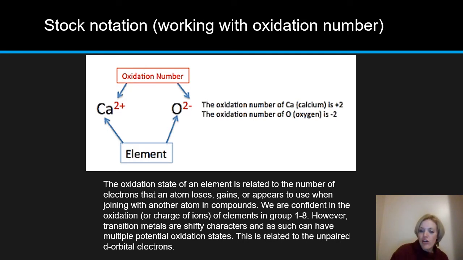We know what that non-metal tends to do. So we can zero it out that way. I'm going to show you examples of this. Look at the calcium and oxygen. We know exactly what's happening here. The next one I'm going to work on is going to be mercury and oxygen, and you're going to see how this stock notation works.